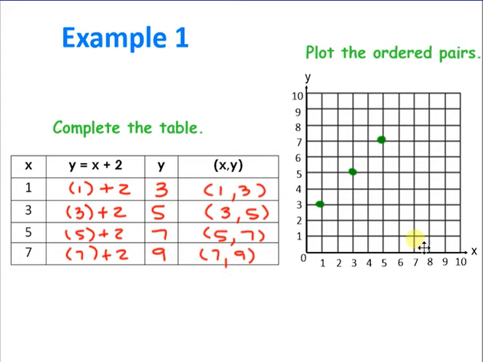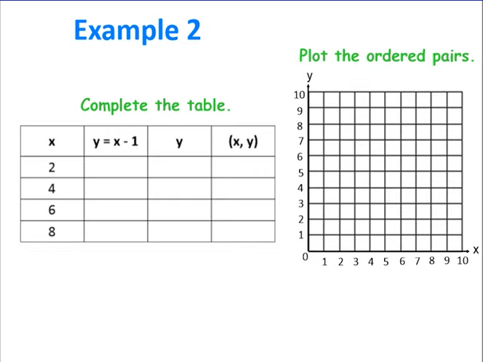So we're going to go over 7 and up 9. All right, so let's draw our straight line just like that. Awesome, and that gives us a linear equation.